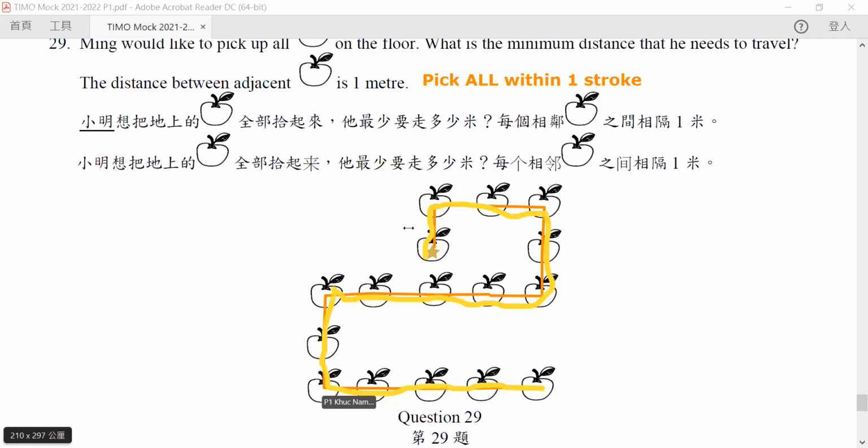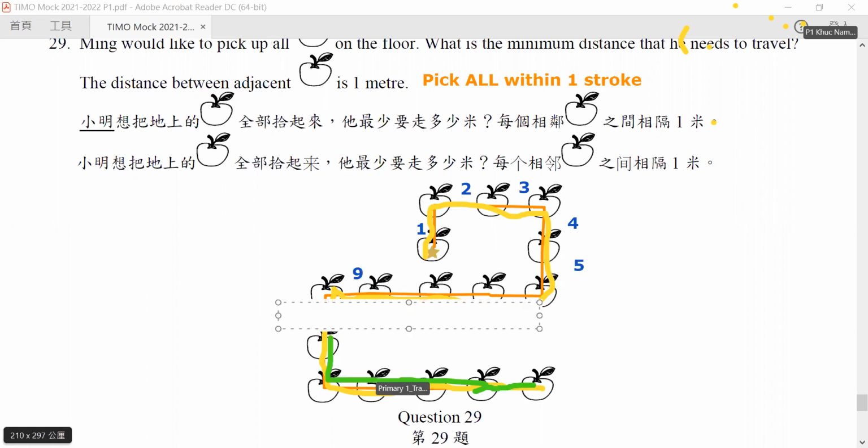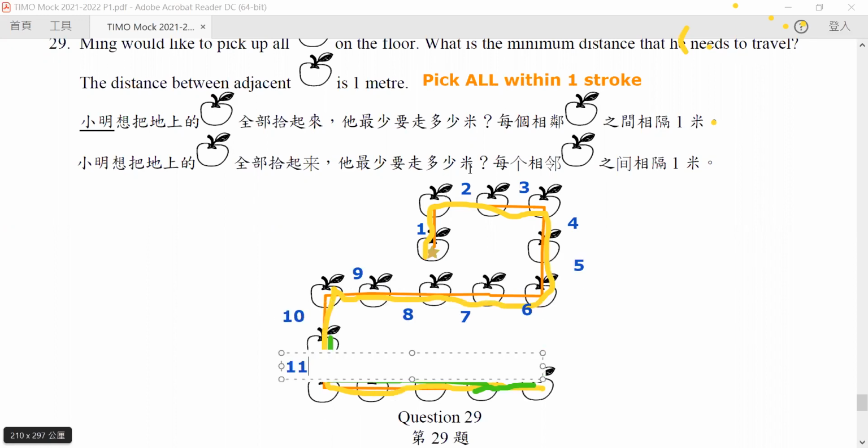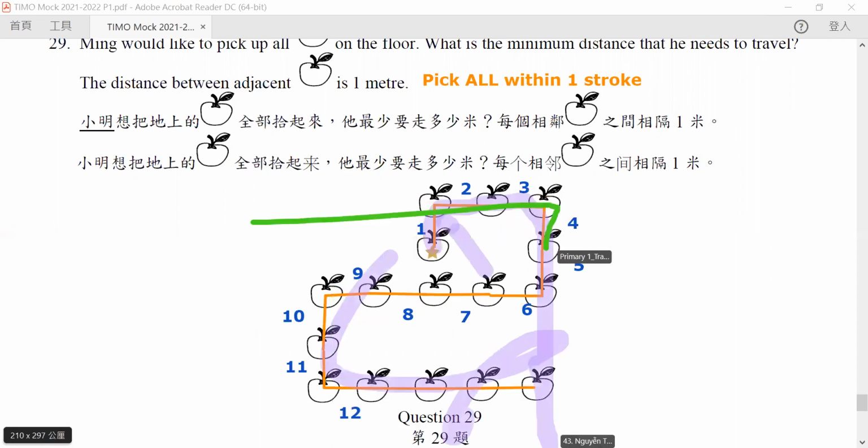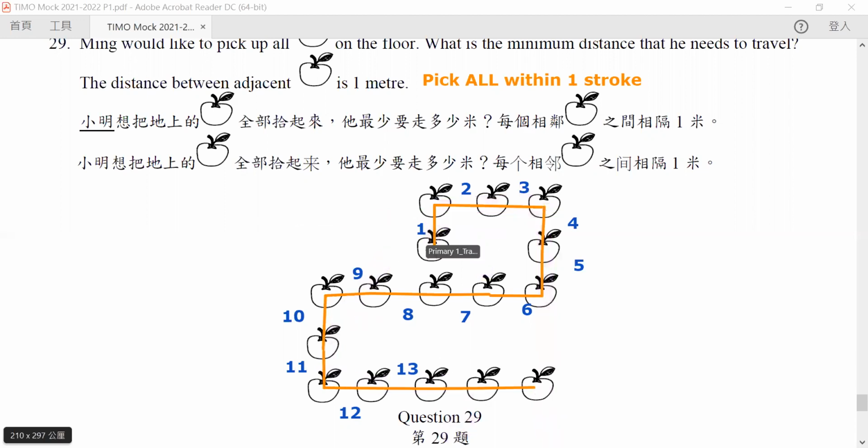So this would be 1, 2, 3, 4, 5, 6, 7, 8, 9, 10, 11, 12, 13, 14, and finally 15.